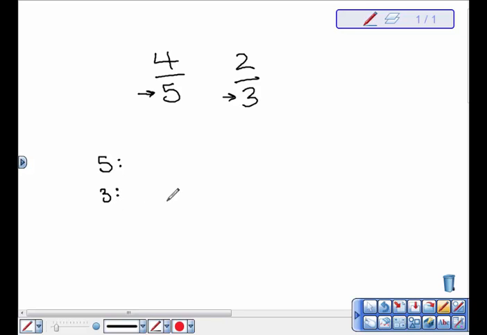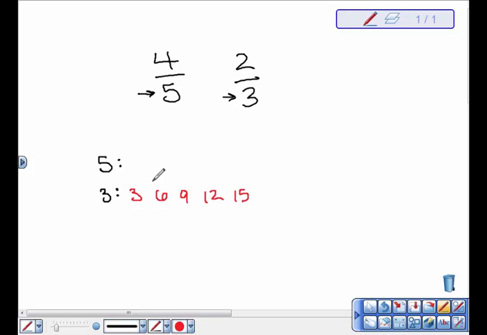I like to do it like 5 times. There's no set number, but hopefully within the first 5 to 10 multiples, you can find a number that they share. So I'm going to keep counting by 3 until I find a number that I either know is a multiple of 5 or until I get to 3 times 5.